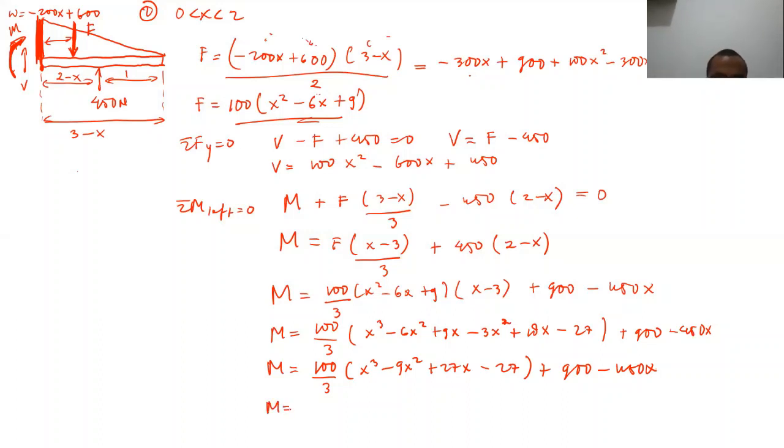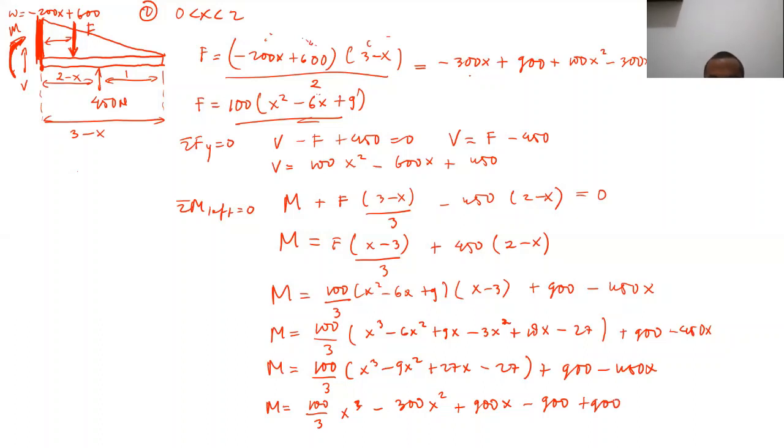Our moment here will be 100 per 3 x to the power of 3 minus 300x squared plus 900x minus 900, and then plus 900.